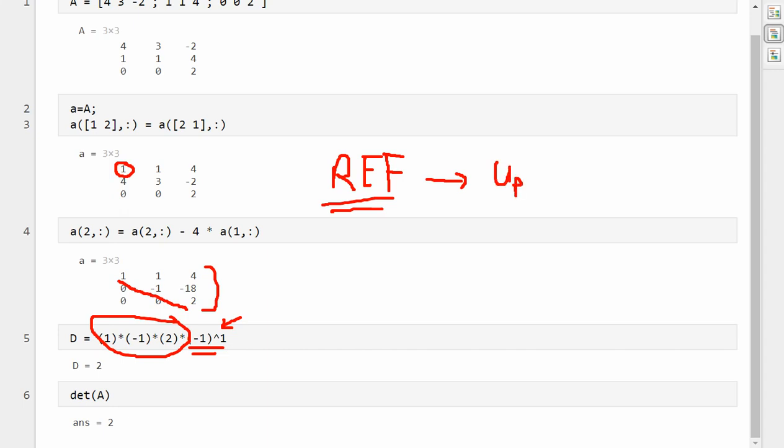That's kind of the key trick. All matrices that have been reduced to REF are upper triangular matrices, right? So REF form always implies upper triangular, and we know how to calculate the determinants of upper triangular matrices.